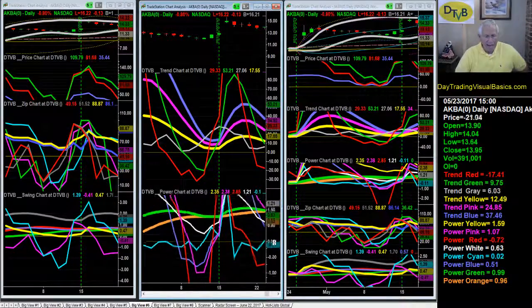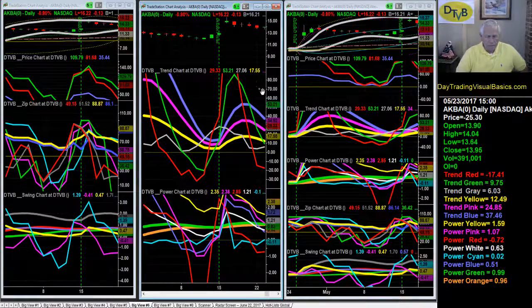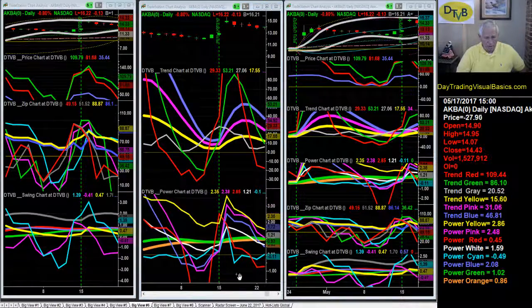And what it had was, I identify it with 2 primary signals, or patterns, if you will. And that's the sky touch in the trend red, where trend red and green are going up either in a 2 or 3-day up pattern. And we have the group pattern location in the power chart.